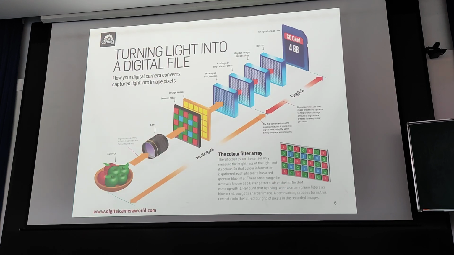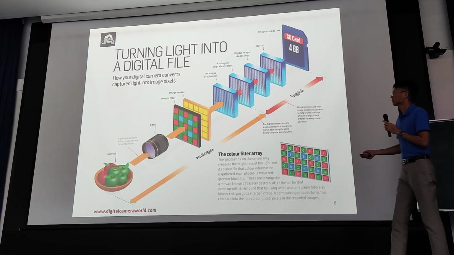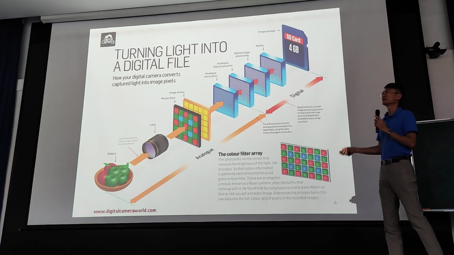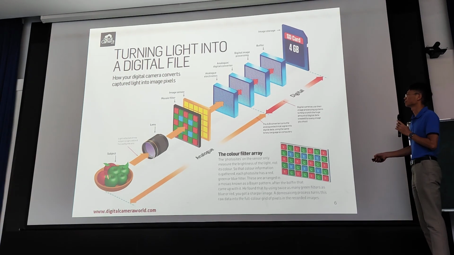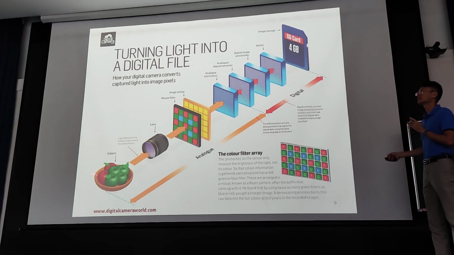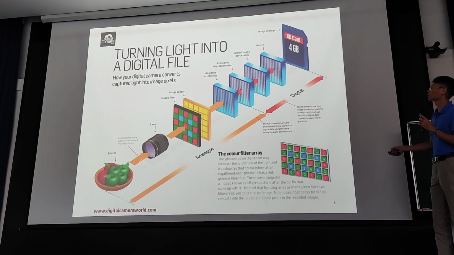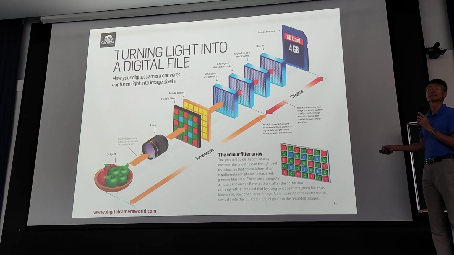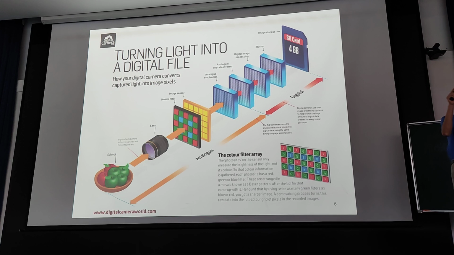I would like to take this example of how our digital camera takes pictures, how our smartphone takes pictures. Here, the first part, we have the outside object, the real world object. And the light goes through a set of lenses. We have different types of lenses.